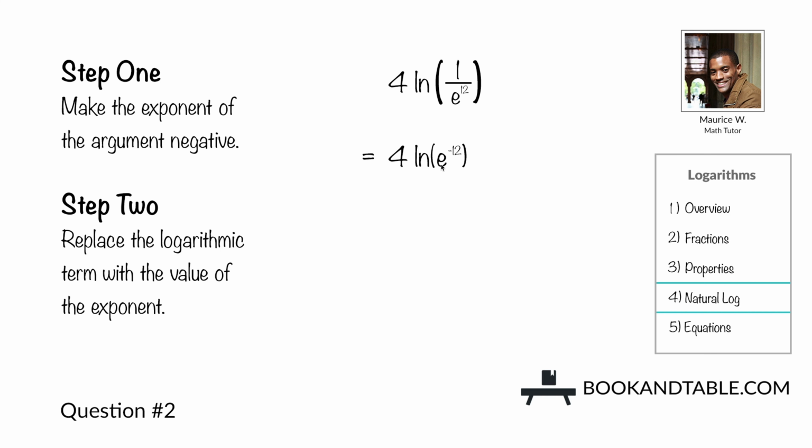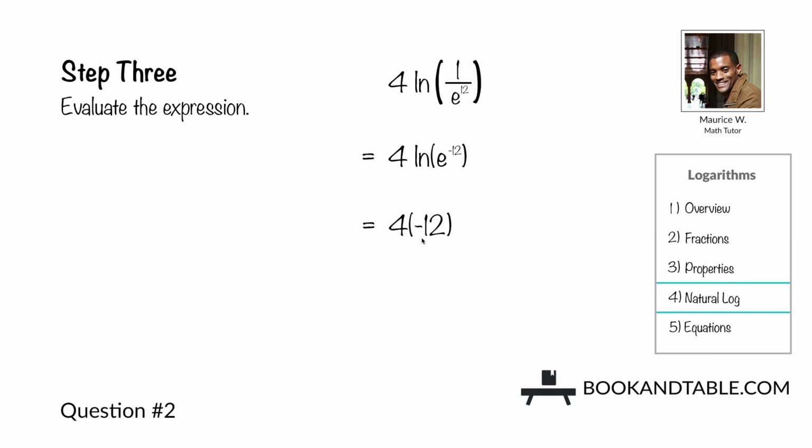And now these will cancel each other out. So step 2, replace the logarithmic term with the value of the exponent, -12. So that would leave us with 4 times -12. And now we can evaluate this. 4 times -12 would give us -48. So we can simplify 4 times the natural log of 1 divided by e to a power of 12 to -48. So that is the answer to question number 2.